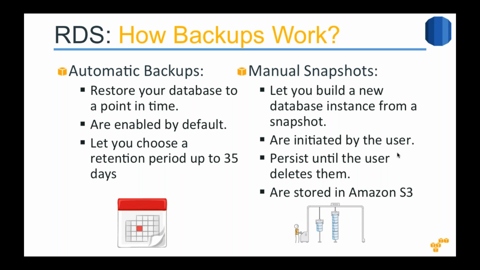That bucket or whatever mechanism Amazon uses to store them is not visible to you on your S3 console. You have to look at your snapshots in your RDS console only. Sometimes people ask, can I directly interact with them through S3 commands or S3 bucket options? That is not possible to my knowledge. You have to interact with them using your RDS console only.